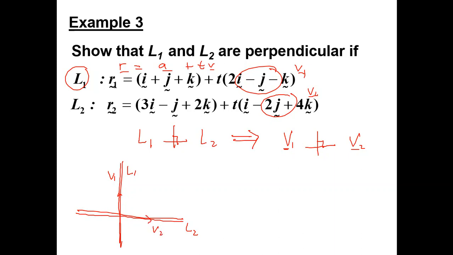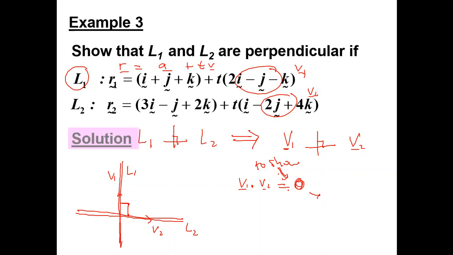So when L1, L2 are perpendicular, we can conclude that V1, V2 are also perpendicular. So we want to use the formula V1 dot V2 is equal to 0. Getting 0 means we can conclude these two lines are perpendicular.